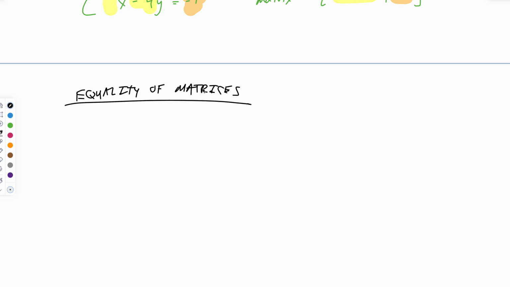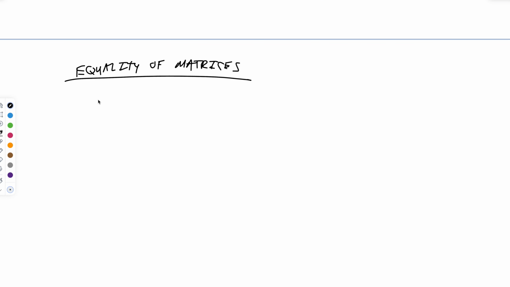And for two matrices to be equal, so if you're trying to prove A equals B, right? Matrix A equals matrix B, this would only happen provided that A sub ij would equal B sub ij for every position, right? So every entry would have to be the same if the matrices are going to be the same.